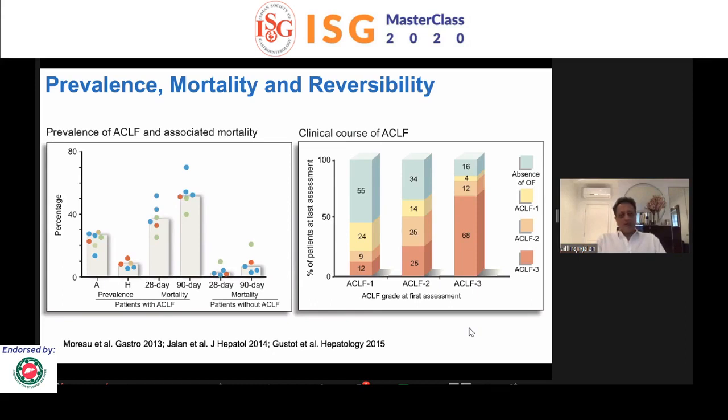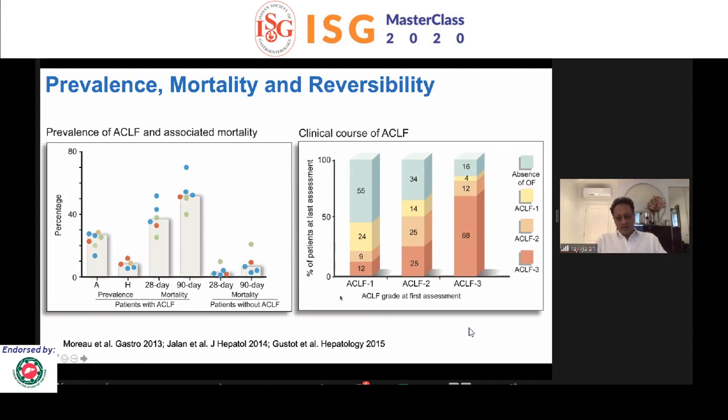Because if I took all the patients with acute decompensation and ACLF, my mortality risk is 0% to 100%, depending upon the severity of ACLF. So what I need to do is to find a group where I can make a difference.